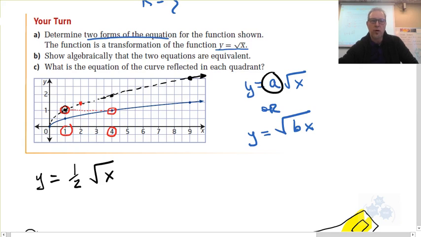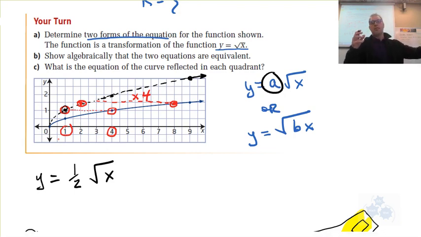What's 2 times 4? It's 8. That's where 8 is. That's the exact same y value. So we've multiplied both of these times what? 4. So it looks like we can write it as a horizontal stretch by a factor of 4.